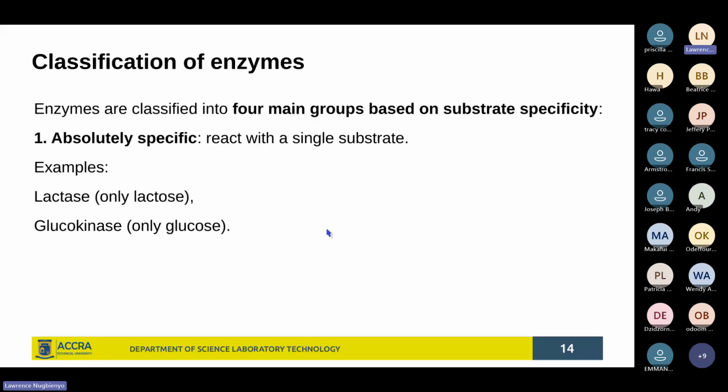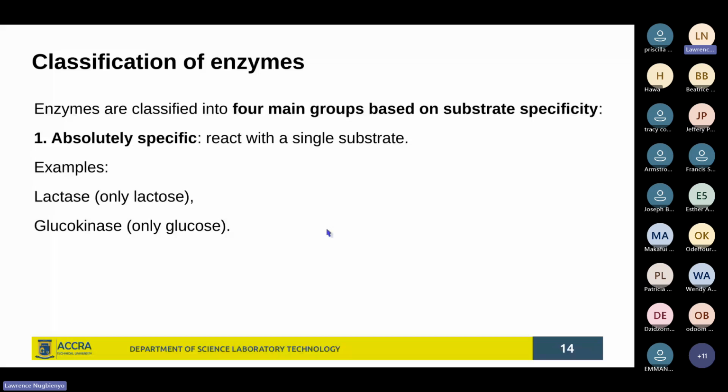And by that classification, we saw absolutely specific enzymes, and these absolutely specific enzymes act on only one substrate, so that the name of the enzyme is after that only substrate that they act on. So the example which you looked at earlier, which was lactase, clearly tells you that the enzyme acts only on lactose. If it was acting on any other substrate, then it couldn't have been called lactase, because then the name would be misleading.